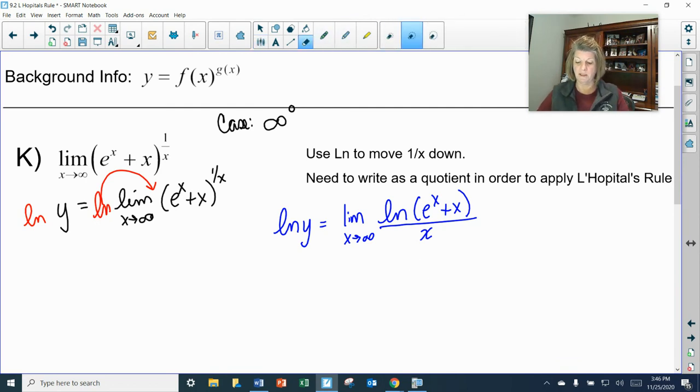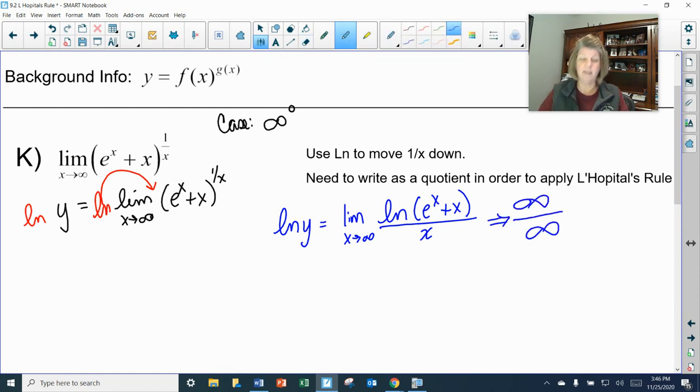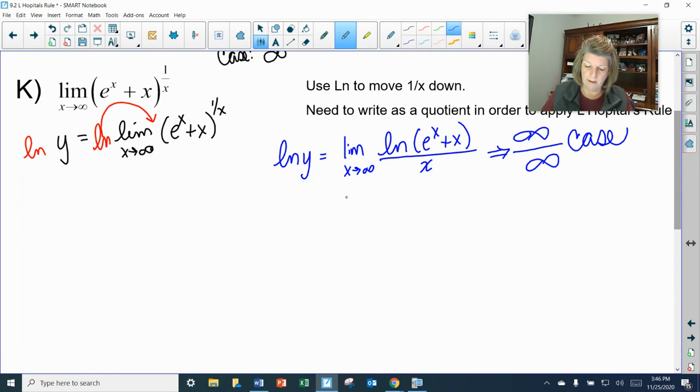There's our quotient. We do have a nice little quotient. The natural log of infinity on top would be infinity. X on the bottom is infinity. This is gravitating towards an infinity over infinity case. Let's rock and roll with derivative work.